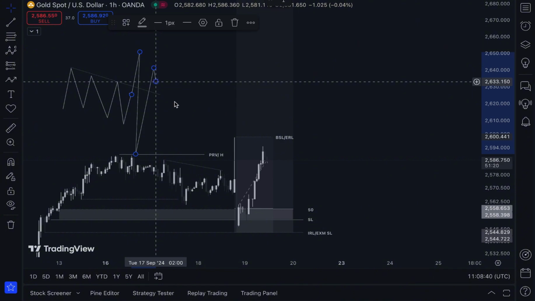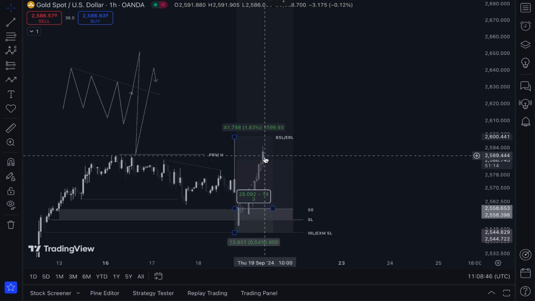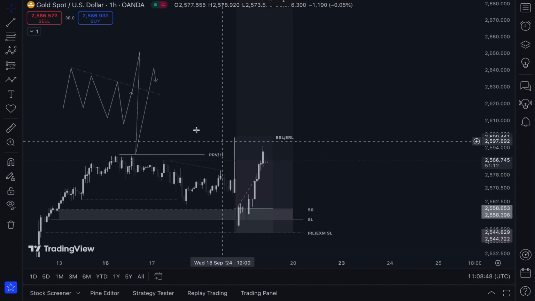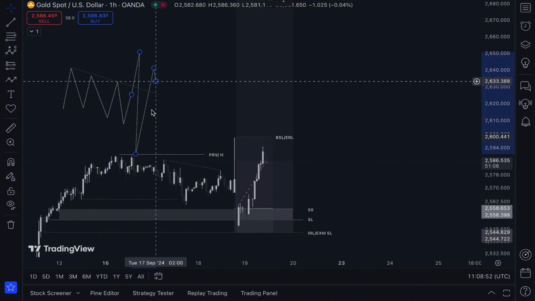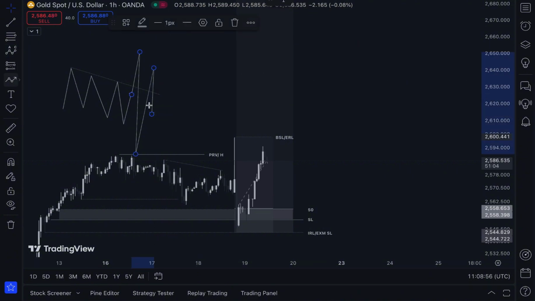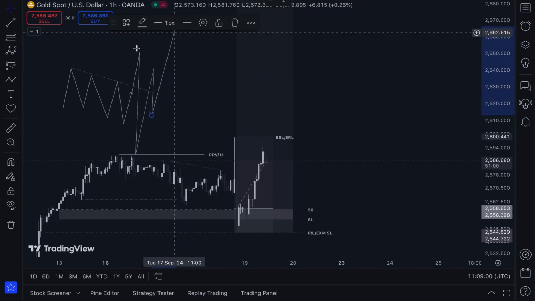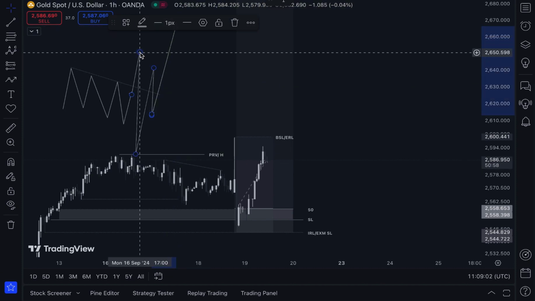Now from there, where is it going to? We have two options in this case scenario. It's either going to retest at the 50% of this movement to then shoot to the skies, because it has to take this high, sorry.